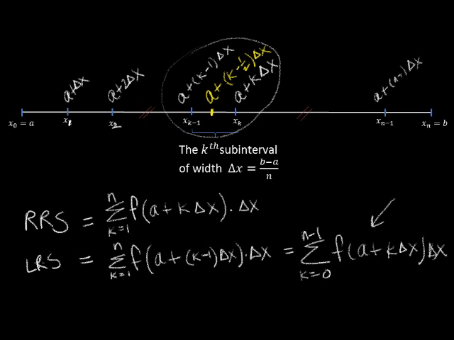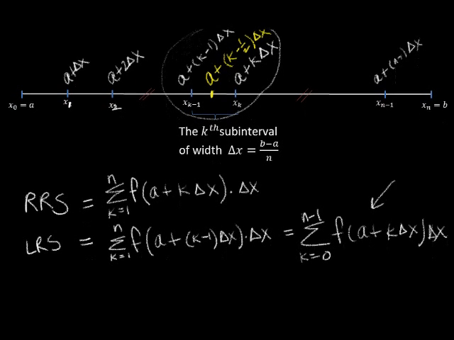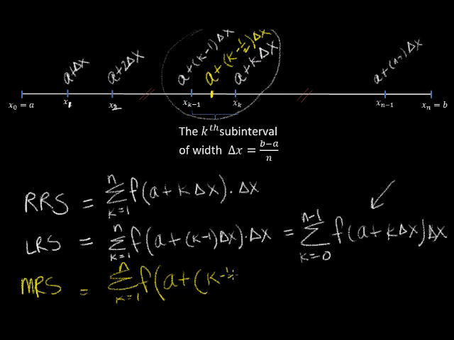So our midpoint Riemann sum will be the sum from k equals 1 to n of f of a plus k minus a half jumps of delta x times delta x.